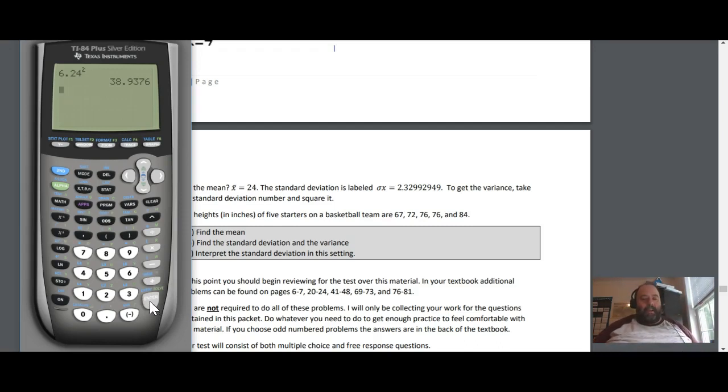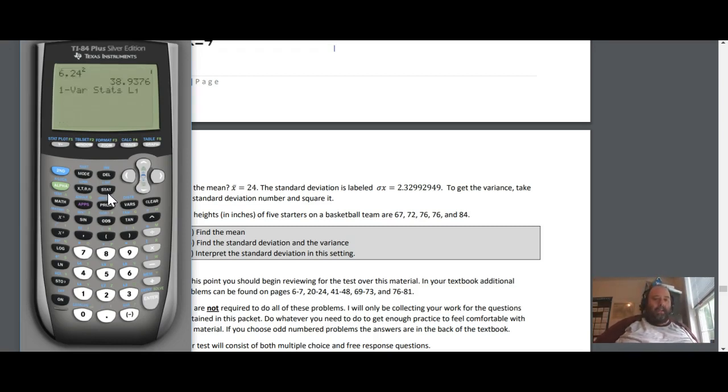Okay. And what does the standard deviation in this setting mean? It means that, since heights of basketball players are probably bell-shaped and symmetric, most heights are within, well, 68%. So most heights are going to be within one standard deviation of the mean.